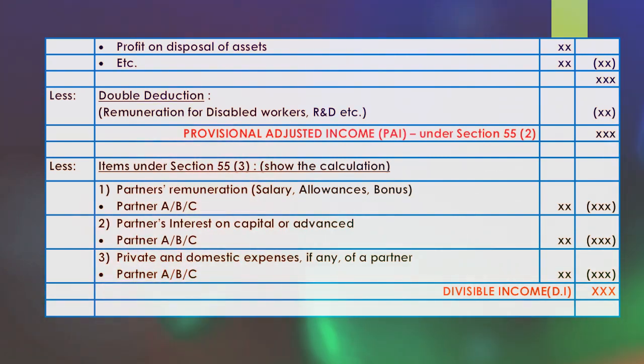Then you will get divisible income. Okay, please jot down and take a note, and then try to remember this format. As time goes by, I hope that you can remember this format.